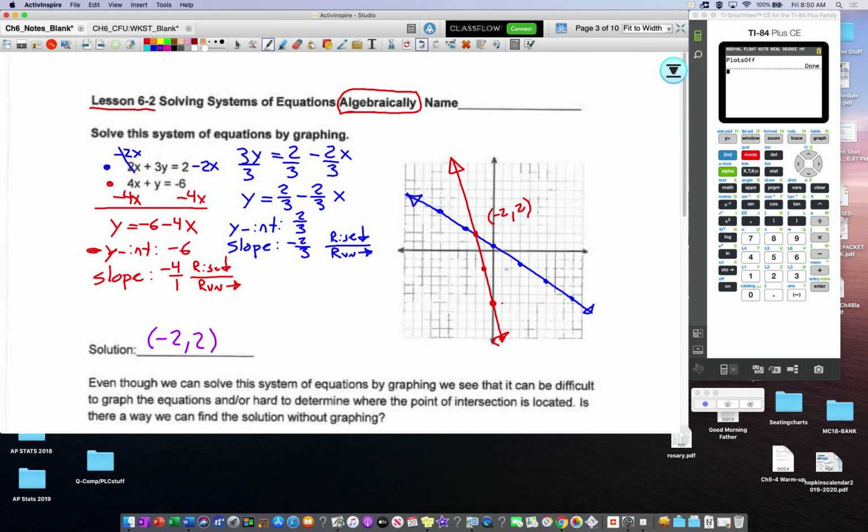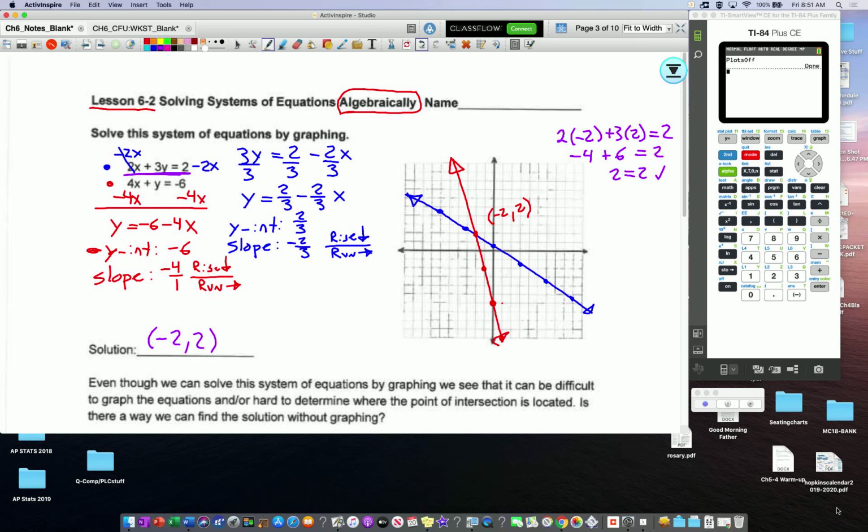So with that graphing of 2/3, I'm not 100% sure, but let's check to see if this point's right. I'm checking it in the first equation first: 2 times negative 2 plus 3 times positive 2, does that equal 2? Well, that's negative 4, that's positive 6. Negative 4 and 6 does equal 2.